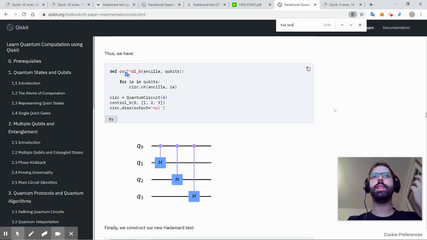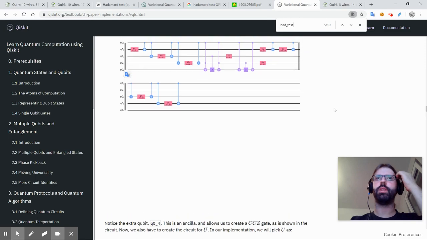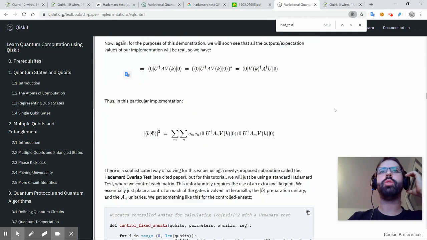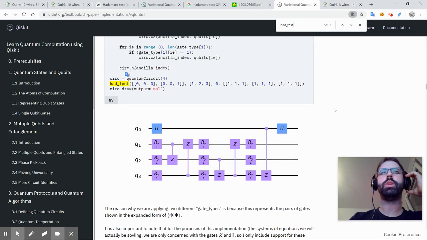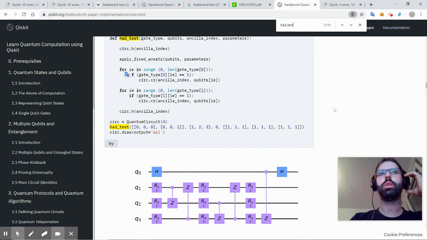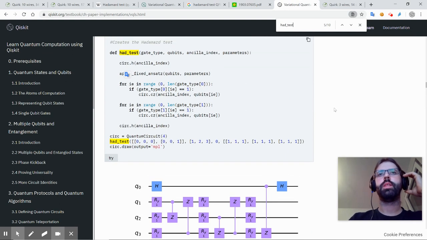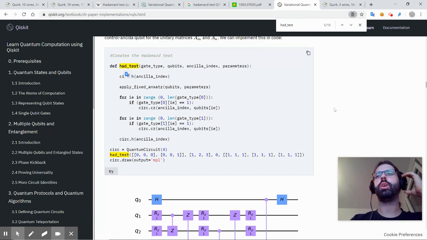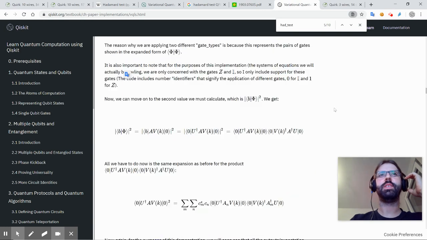Because I was like, why that qubit? Why is that anyhow representative? That is just the mechanism to create the controlled ansatz, is it?